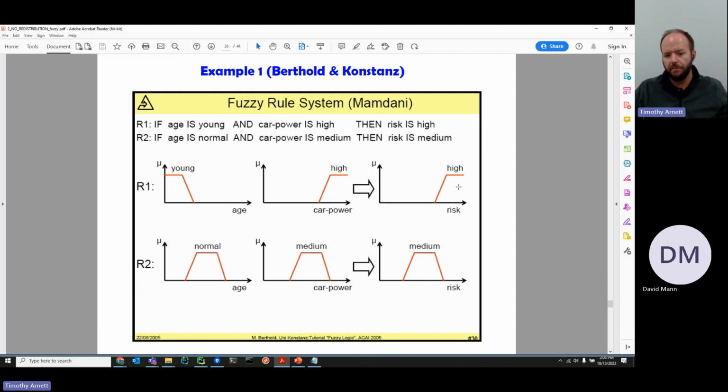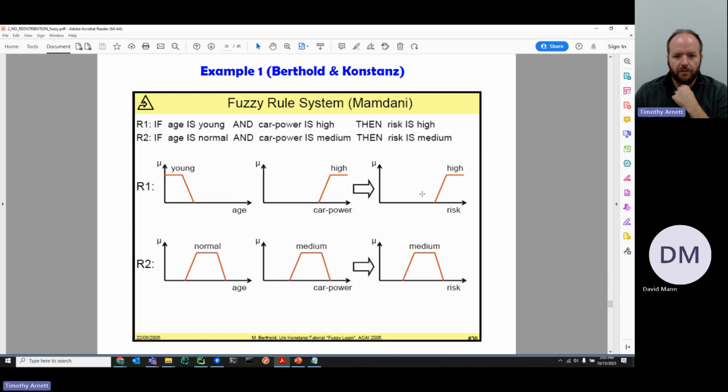There's another type of fuzzy system typically called a Takagi-Sugeno or Takagi-Sugeno-Kang system that uses different types of output functions that are not fuzzy sets explicitly. However, we're going to focus on Mamdani for the time being.